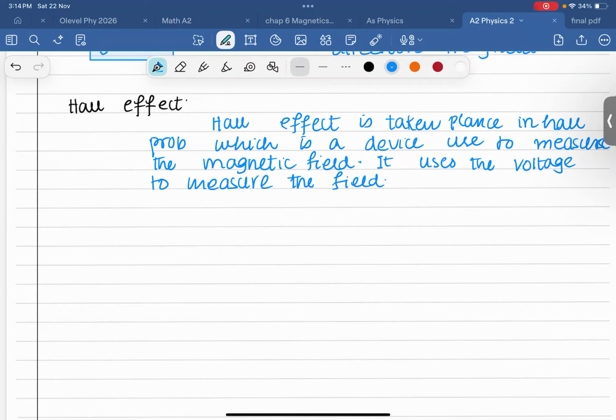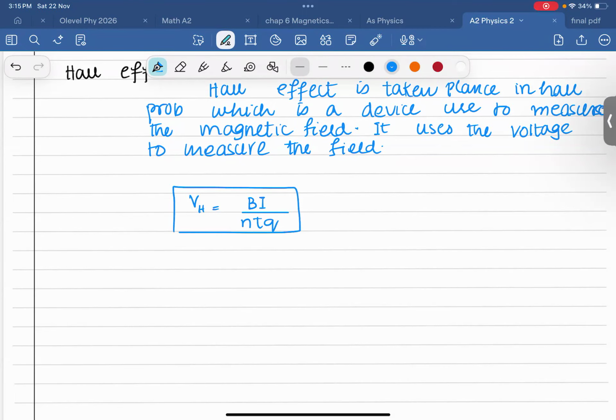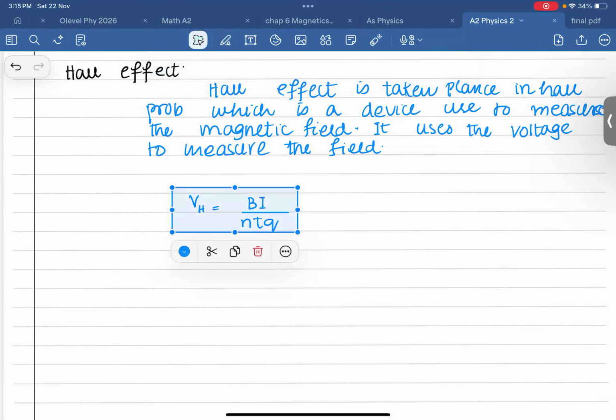And the formula that relates the Hall voltage and the magnetic field is VH, the Hall voltage, equals BI over n t q.